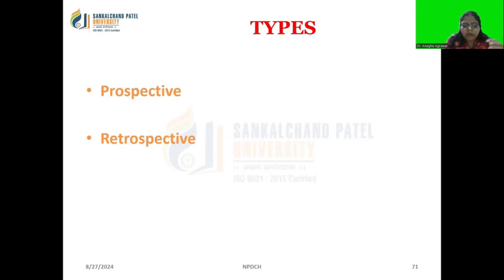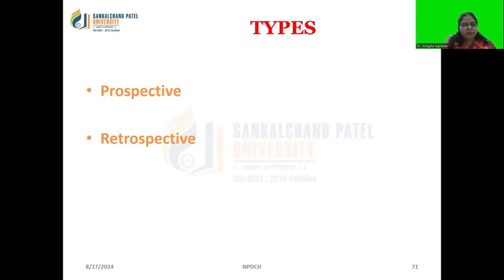Since there is less manpower available, since there is less time available, or there is no feasibility, or the amount that we are spending on this particular case is too much, then we can have a retrospective idea where we have patients who have developed that particular disease, but we go back in time and reach where they haven't developed that particular disease, and we take all the data from the hospitals regarding that particular disease.